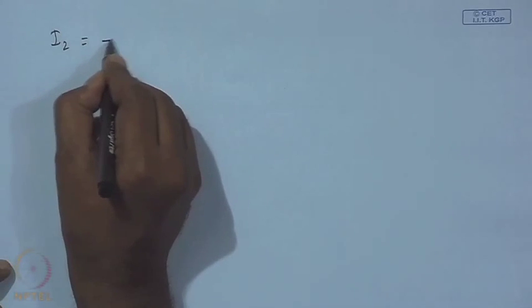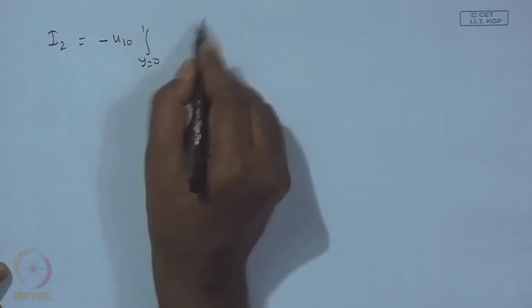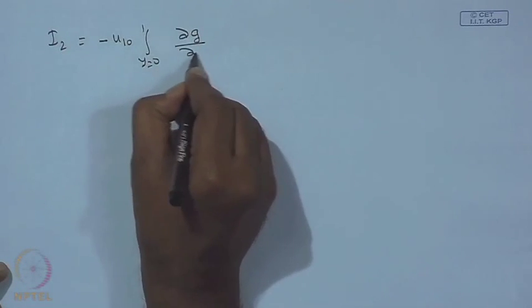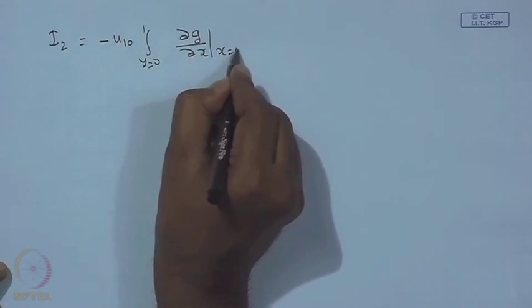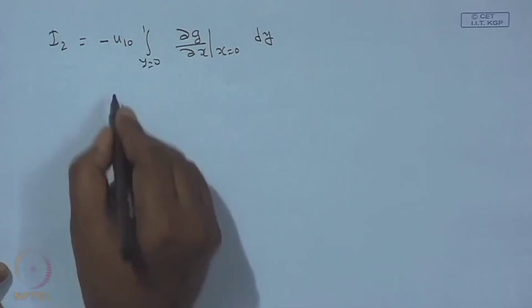I2 is minus u10, integral over y from 0 to 1 of del g del x evaluated at x equal to 0, dy. So, what is del g del x?